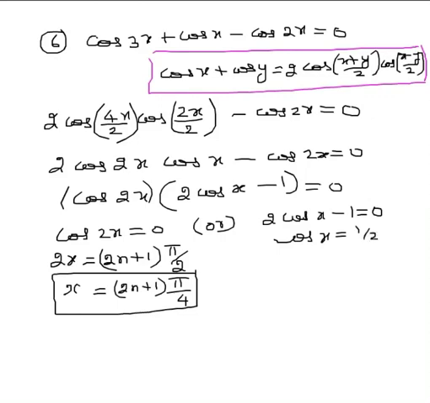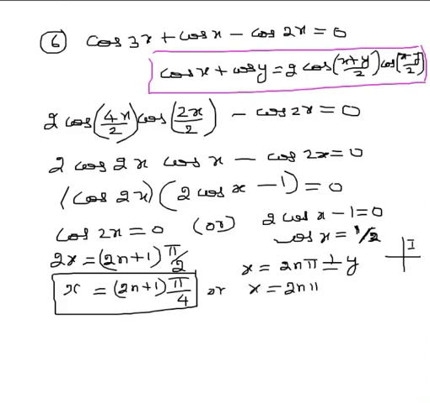Cos x is half. Cos is positive in first quadrant and fourth, but we have to write the smaller principal solution, no? The general solution for cos x equals cos y. Here some value is there, so we have to use the formula cos x is equal to cos y. The general solution is 2n pi plus or minus y.